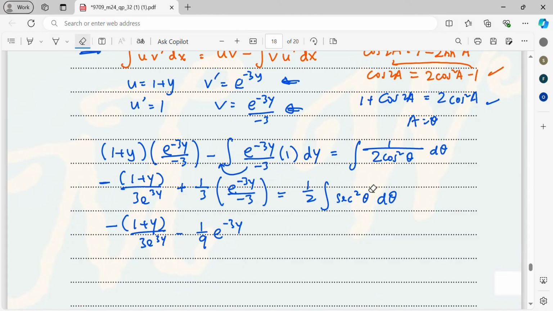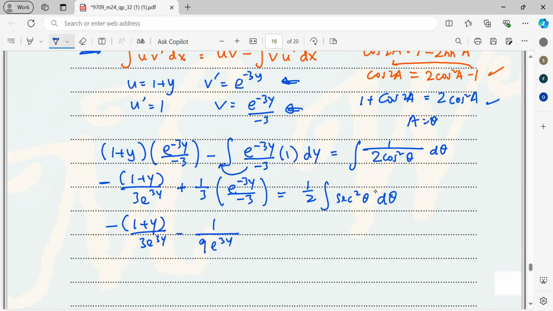Okay, for the 3y, the exponential can be moved down. Integrate secant squared theta is basically tangent theta, and plus c.